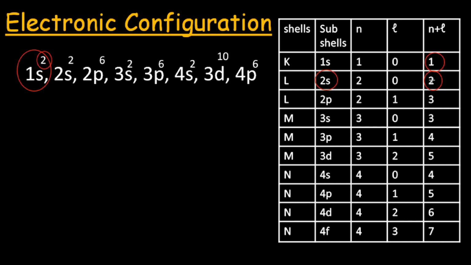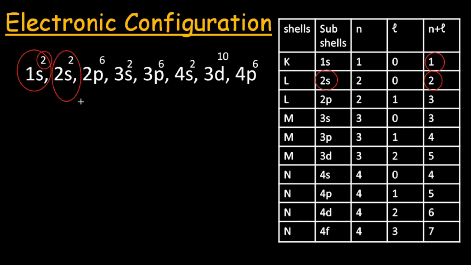And the n plus L value of 2s is greater than 1s. And this is what I have told you earlier, that you have to fill the orbitals with increasing energy. Mathematically, an orbital whose n plus L value is small will be filled first. And if two orbitals have the same n plus L value, that orbital will be filled first whose n value is small.